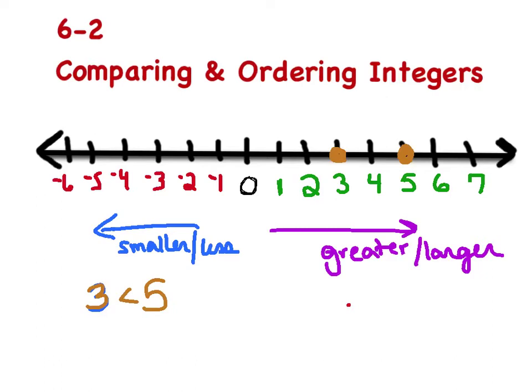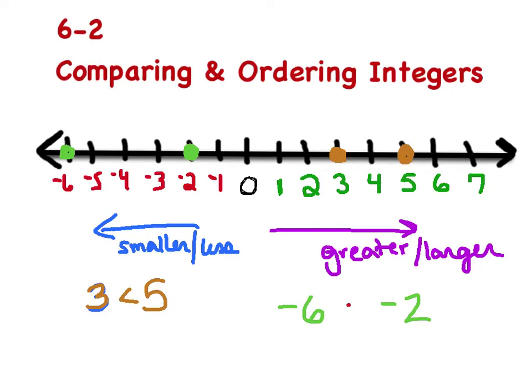When we start looking at negative numbers, we might have a statement that says we want to compare negative 6 and negative 2. Negative 6 is here on the number line, negative 2 is here. As we look at these numbers, our instinct is to say 6 is greater than 2.